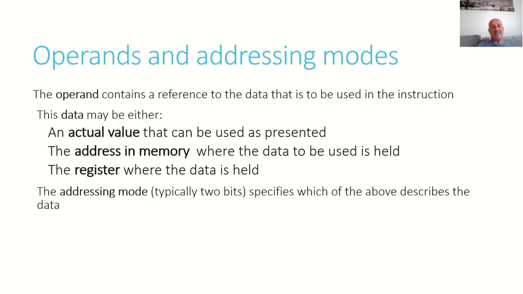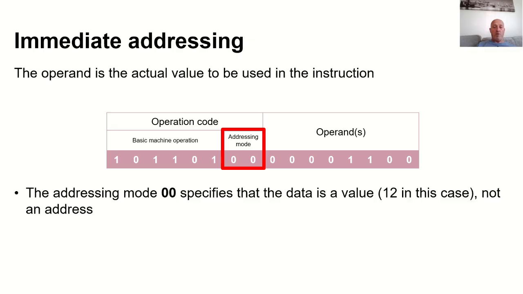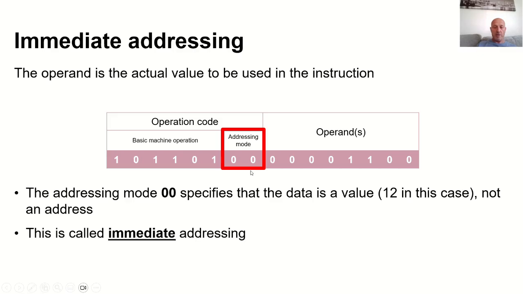Immediate is the actual value, and direct is directing you to a location in memory. So in this particular case, the addressing mode 00 signifies that the data value is 12 in this case, not an address. So that is immediate addressing mode.